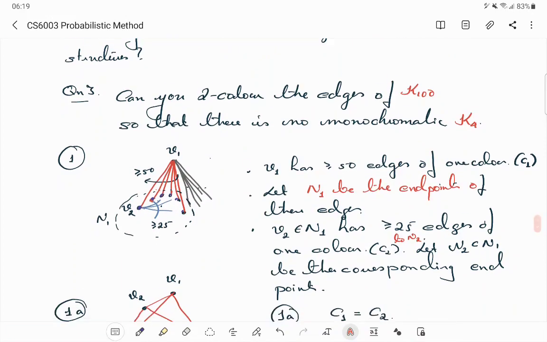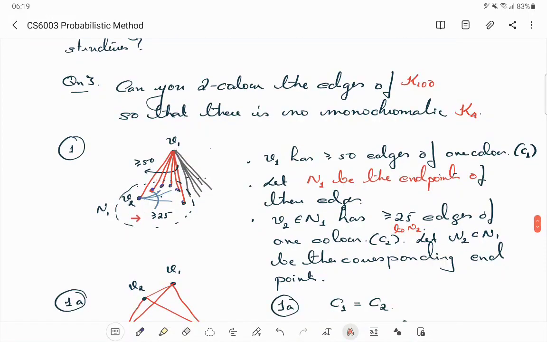Now you pick a second vertex. We are doing the same technique again. We pick a second vertex, but we pick it from within N1. For the rest of the proof, the only vertices under consideration are V1 and all the vertices in N1. The remaining vertices are no longer under consideration; you can even delete them from your mind.